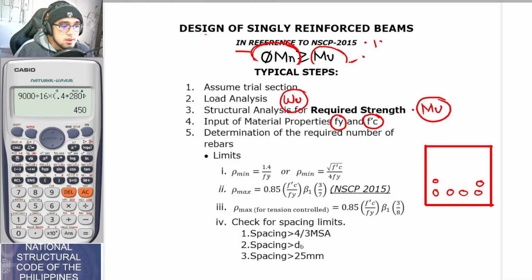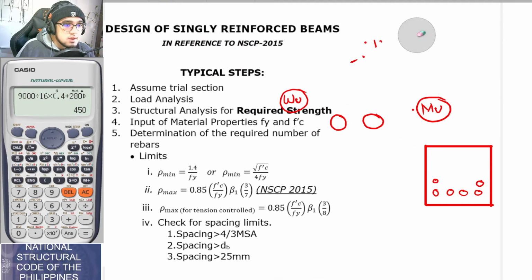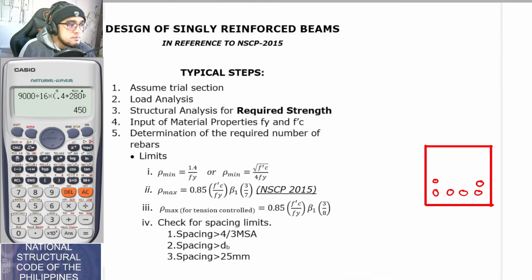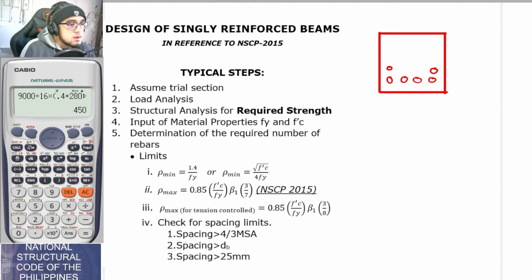So for your rho minimum, this was already previously discussed. So I will just be moving this here and I will be clearing this para mas malinis tayo. So for a moment. So for your rho minimum, it is to be the greater of this value. So 1.4 divided by Fy and square root of F prime C divided by 4Fy. So if you are confused here, it is said here that this is to be the minimum.